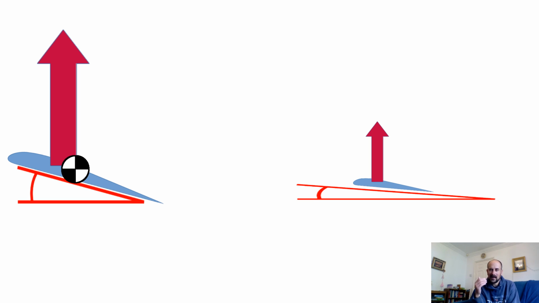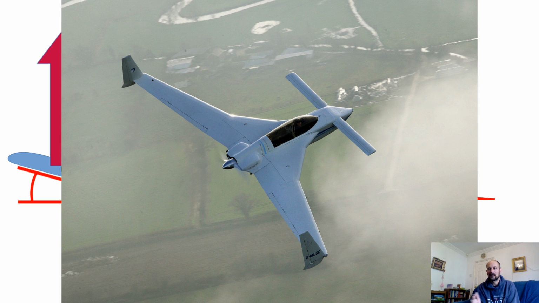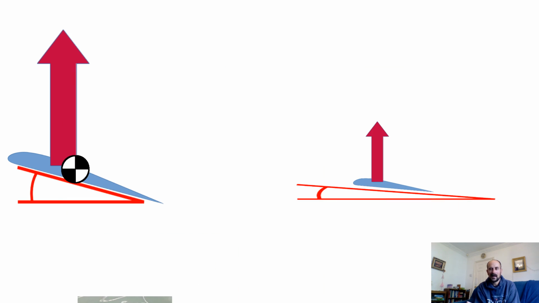Now, this gets around that problem we had with feeling like, well, the tail's either not generating any lift, or at worst it's even generating some downforce, which seems quite inefficient. But actually, as with so much in aircraft design, when you get more into the details, you start to realise that those other compromises you need to make on the canards and the tandem wing type aircraft, you're making different compromises instead.